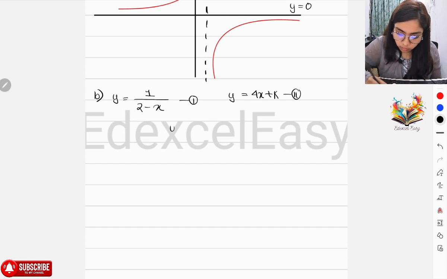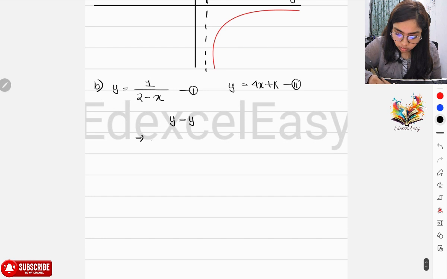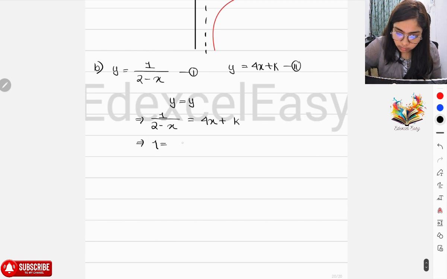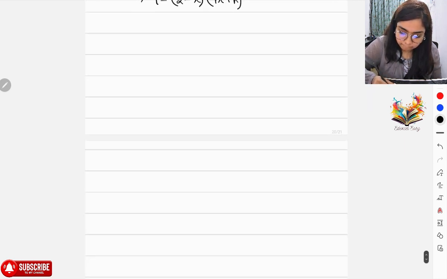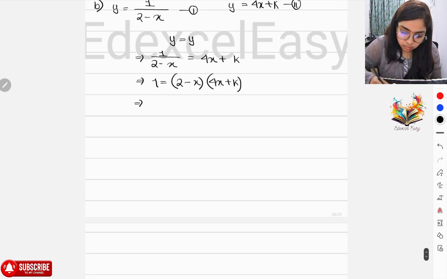After this, I can write y equals y, which is 1 over 2 minus x equals 4x plus k. I will cross multiply, so I have 1 on the left hand side, and 2 minus x gets multiplied with 4x plus k, which is going to be 8x plus 2k minus 4x squared minus kx.